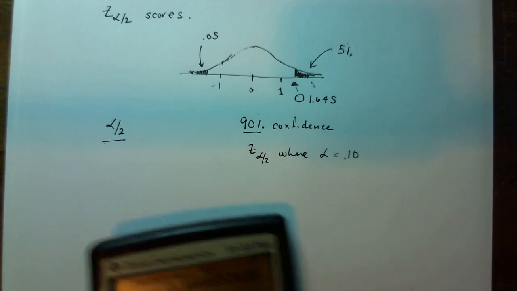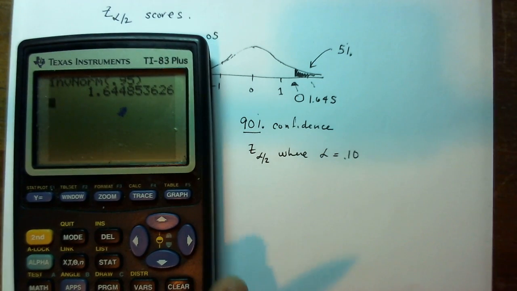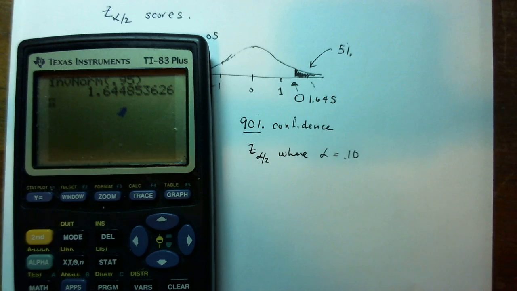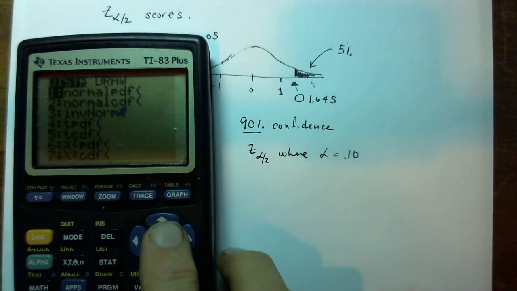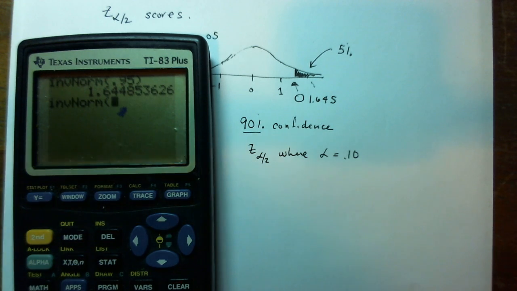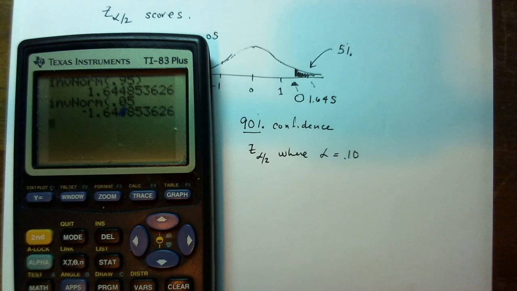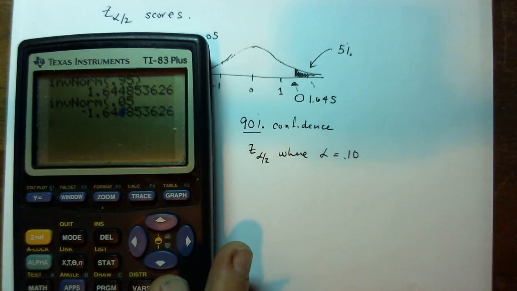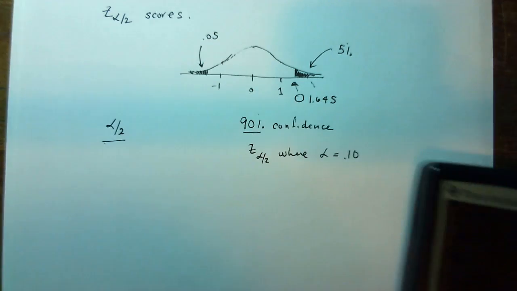A slightly quicker way to do it is to go like this. I can look at the inverse norm for 5%. What that gives me, because it's symmetrically arranged around 0, is negative 1.645.